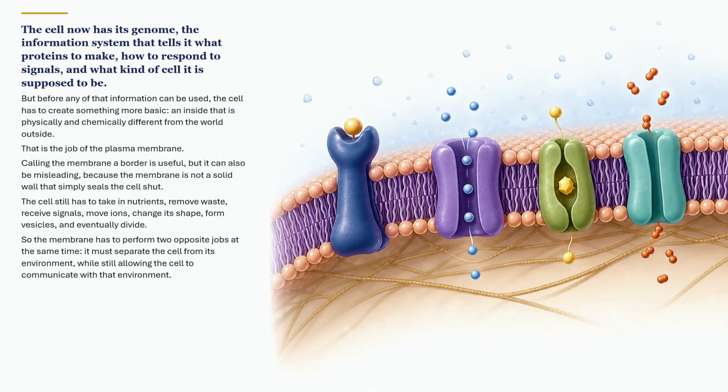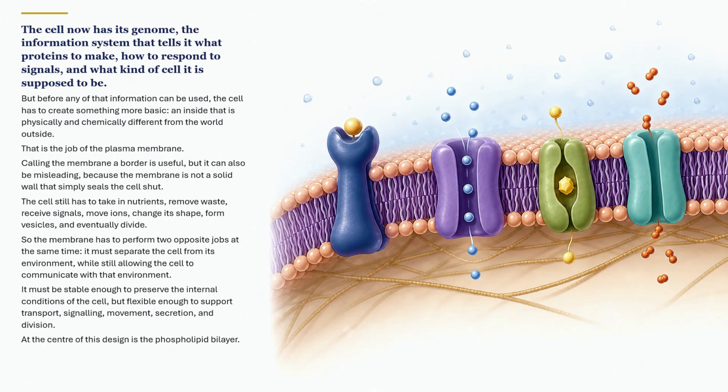It must separate the cell from its environment while still allowing the cell to communicate with that environment. It must be stable enough to preserve the internal conditions of the cell, but flexible enough to support transport, signaling, movement, secretion, and division. At the center of this design is the phospholipid bilayer.